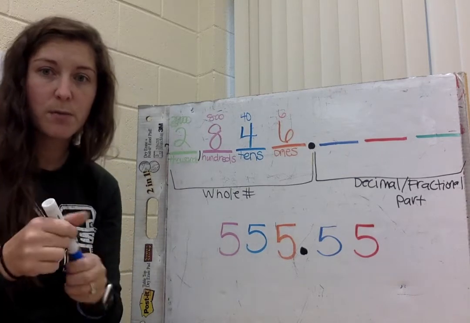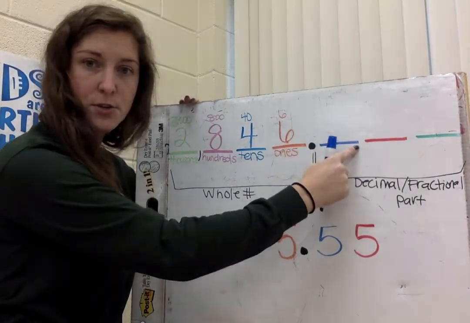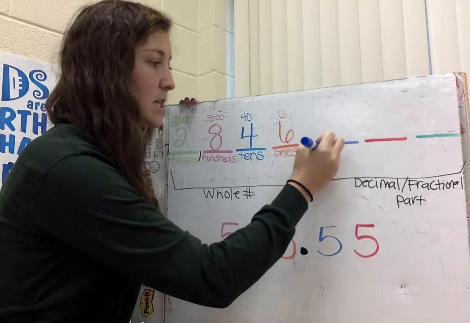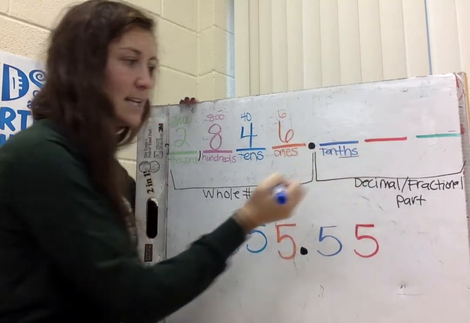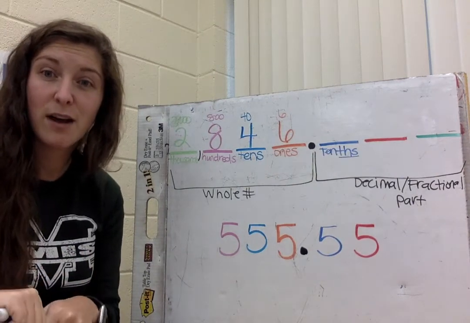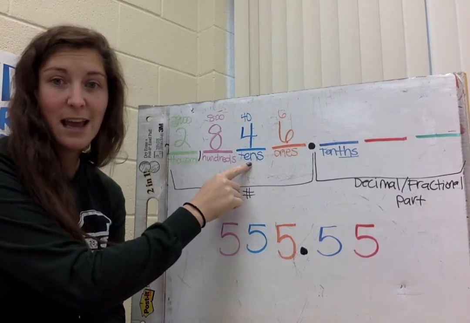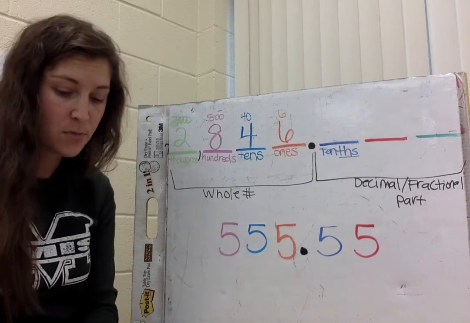I'm going to start with my dark blue line right here. The first place to the right of the decimal is the tenths place. Notice that it has that THS on the end of it. That is very important, because if I don't have that THS on the end of it, it's going to be the tens, and the tens and the tenths are two totally different places.